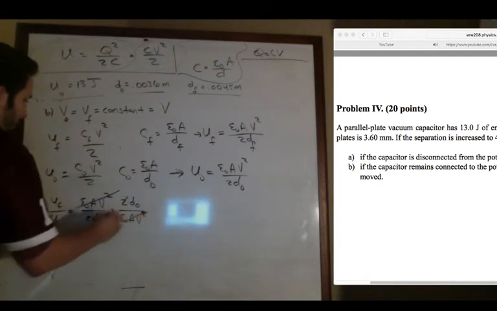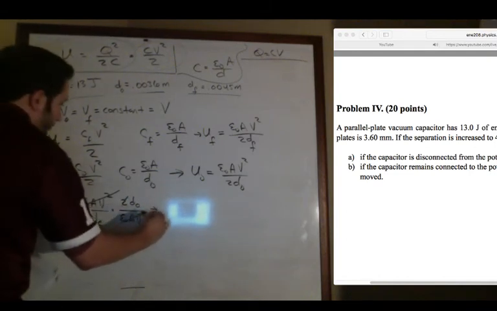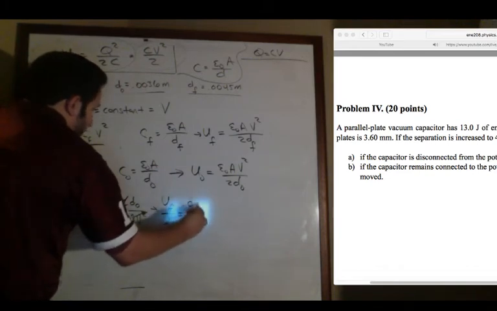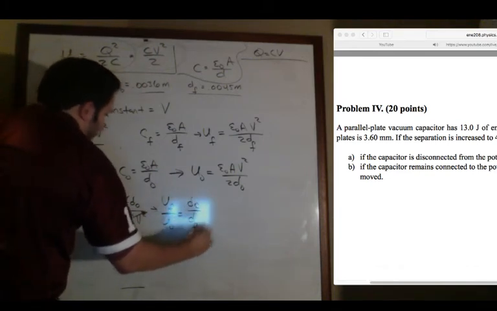These cancel. These 2's cancel. You get that UF over U naught equals D naught over DF.